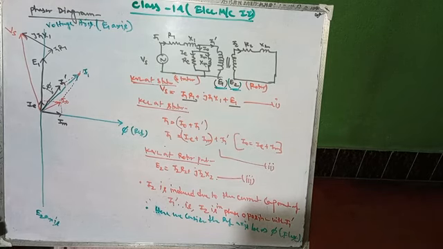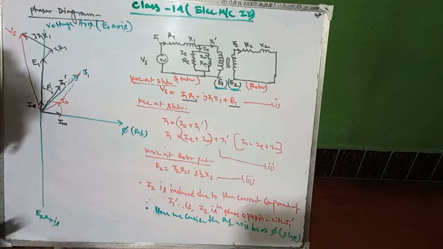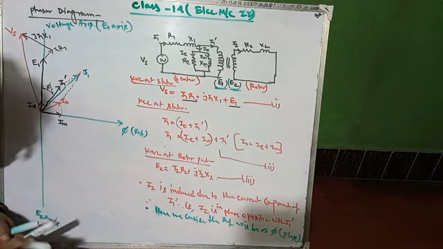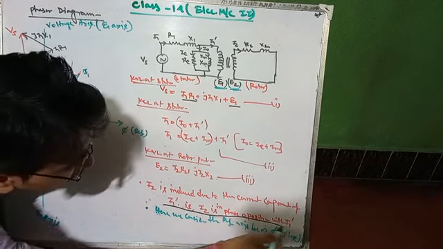Over this E2 axis, somewhere, the peak of E2 will lie. Now we have to apply this concept: I1 dash and I2 are in phase opposition.